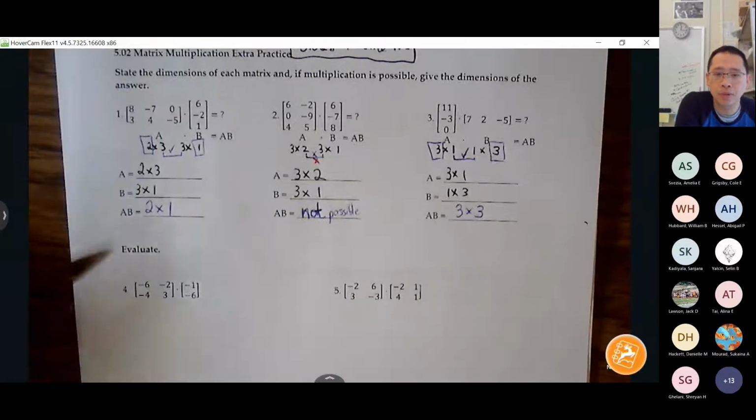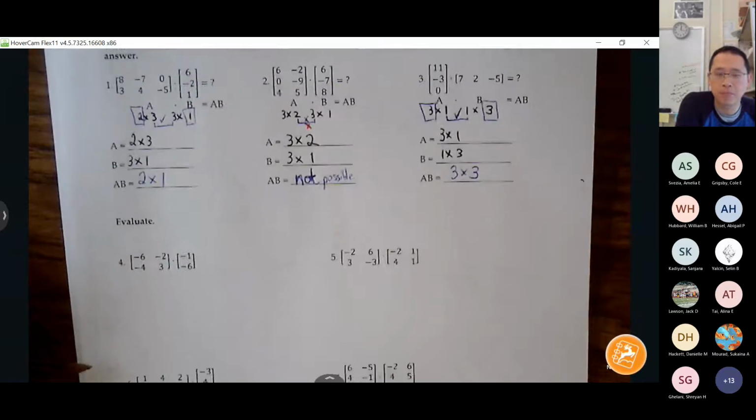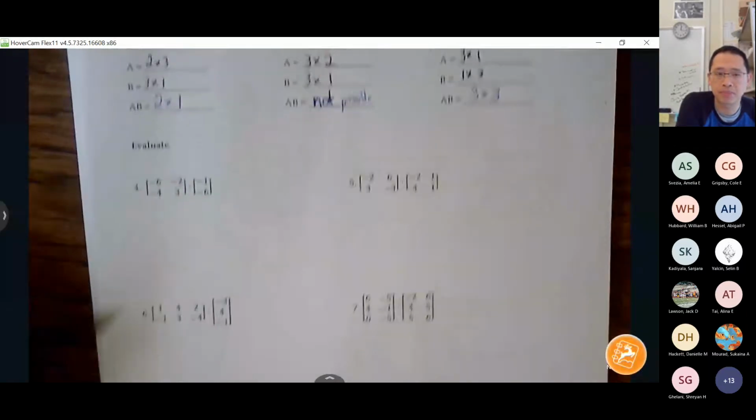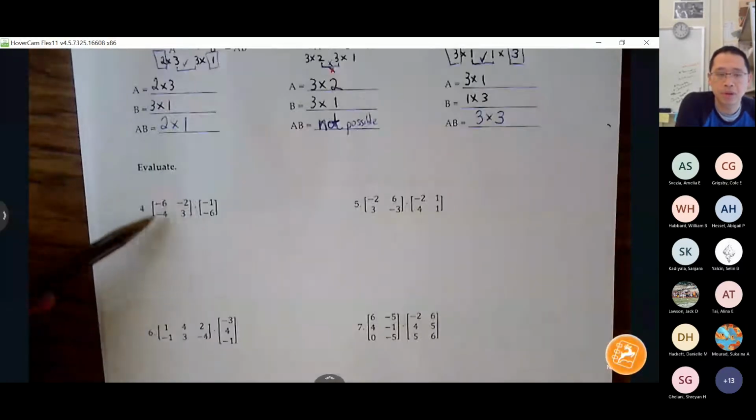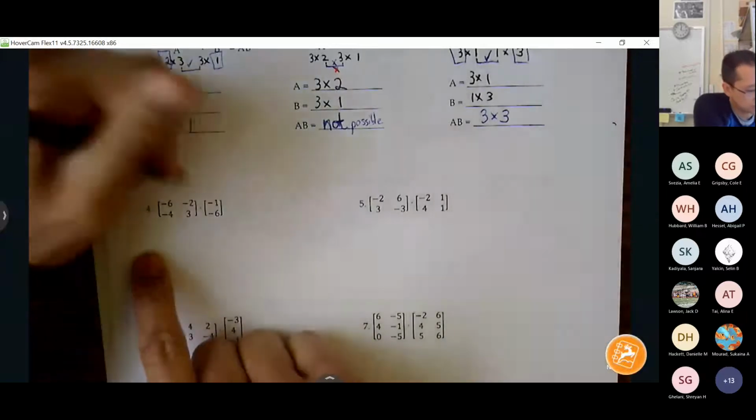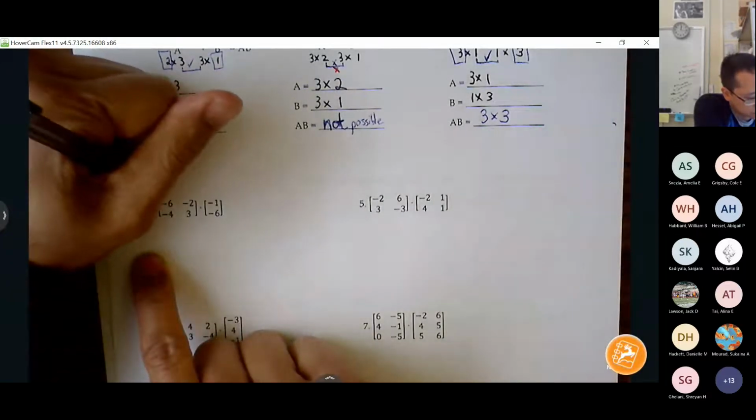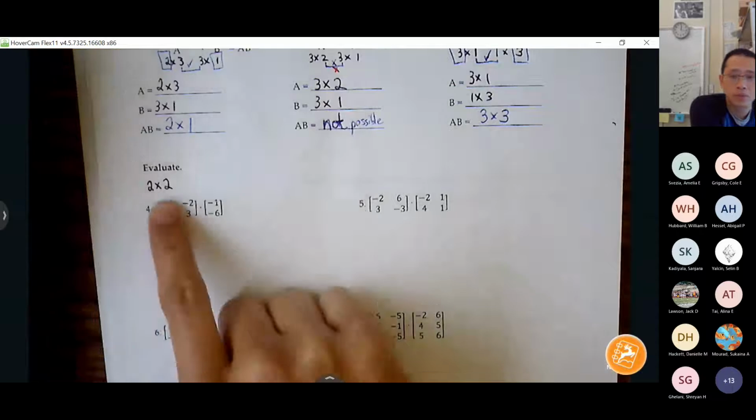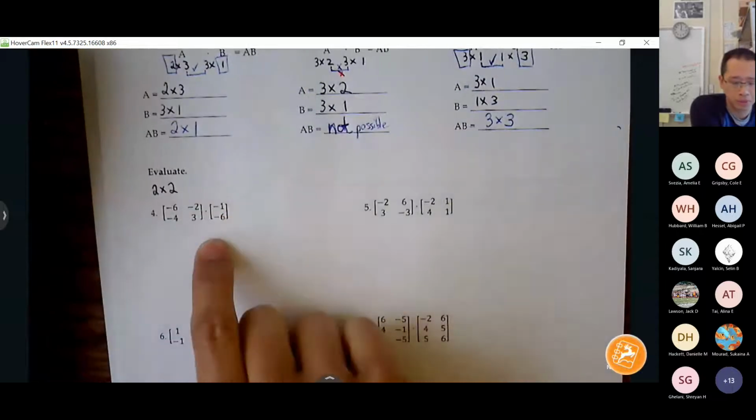All right, so now number 4, the rest now we're going to actually multiply the matrices if possible. Okay, so number 4, let's find the dimensions first. 2 by 2 with a 2 by 1.